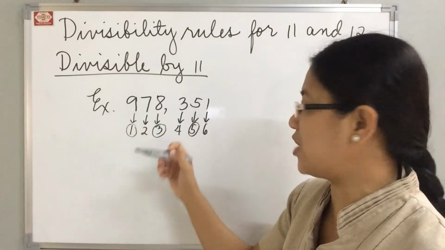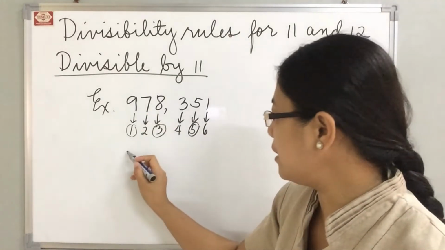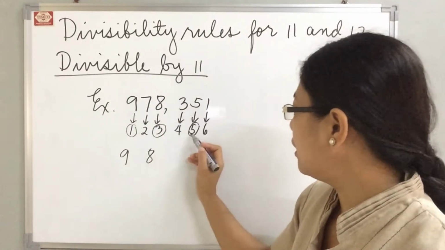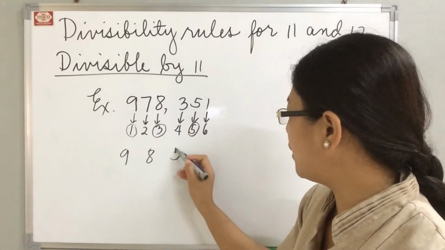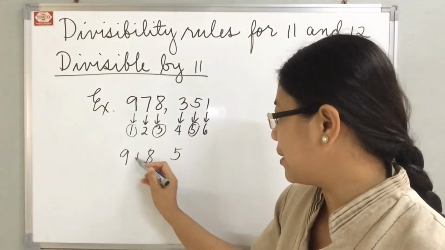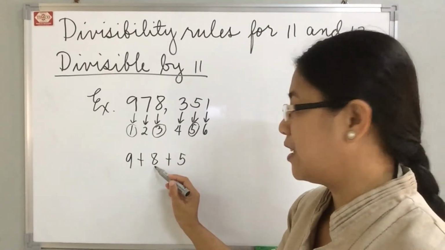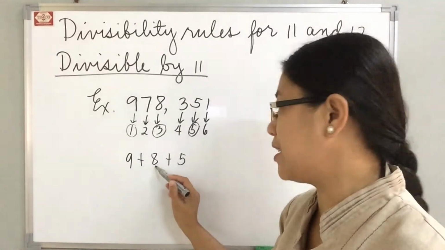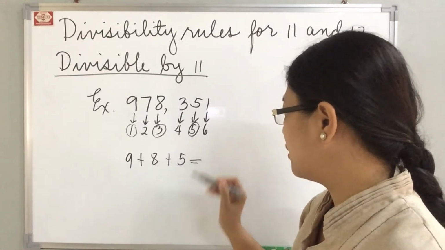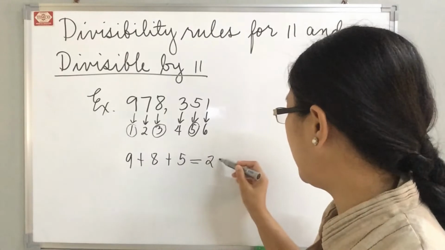So what are the digits on top of these odd numbers? We have 9, we have 8, and we have 5. And then, what are we going to do? Let's add. We have 9 plus 8 is 17. 17 plus 5. What's the answer? Yes, it is 22.